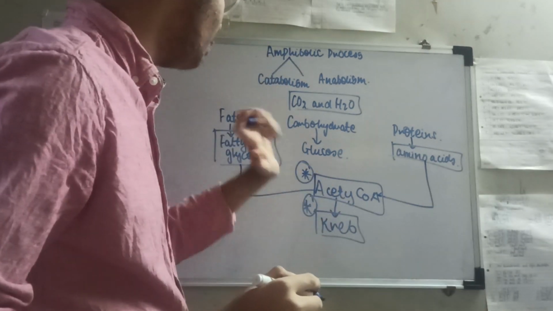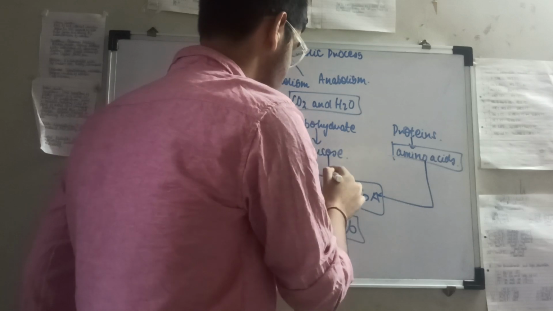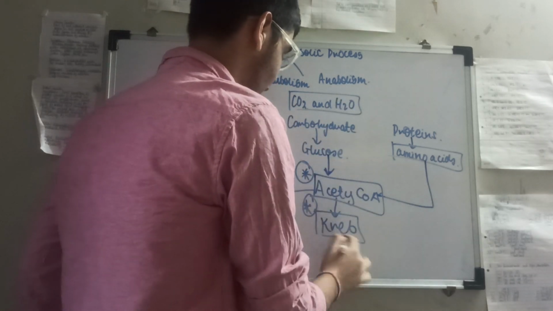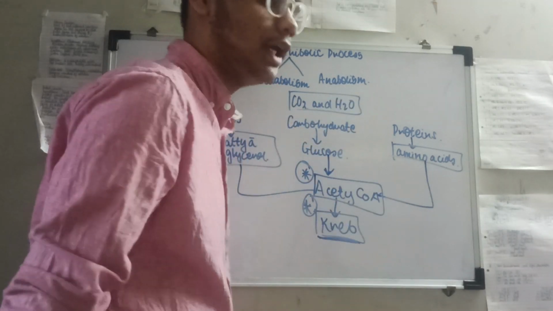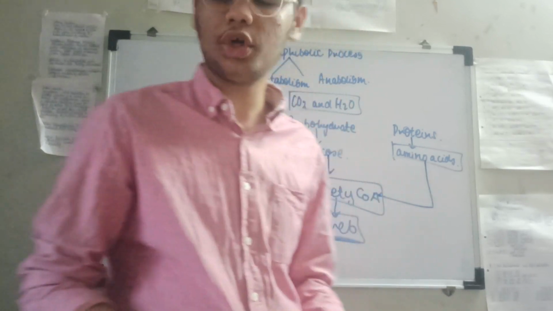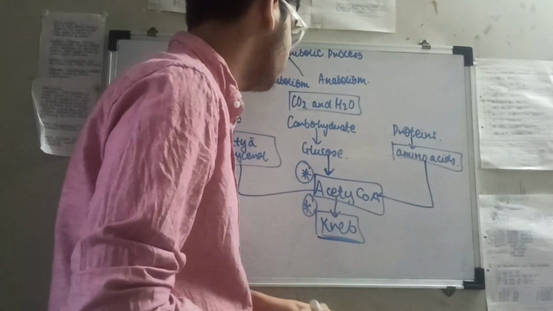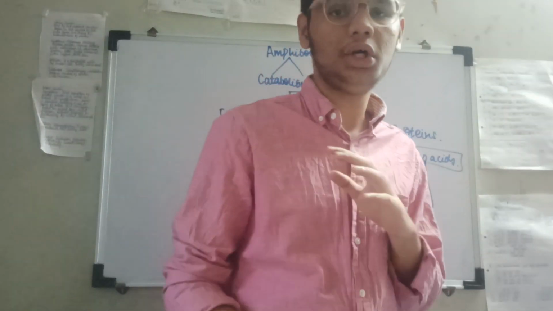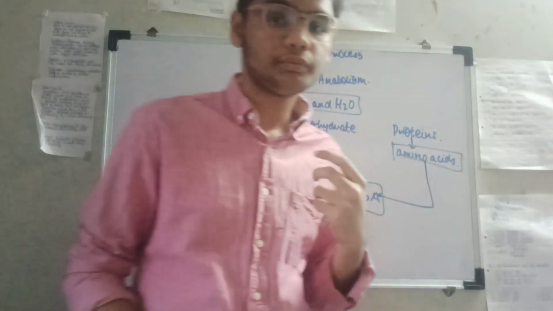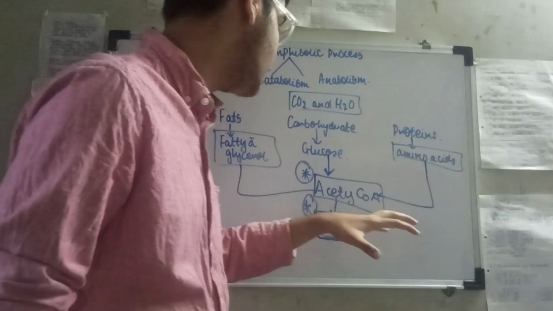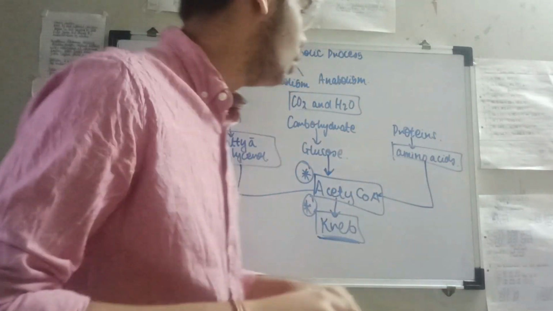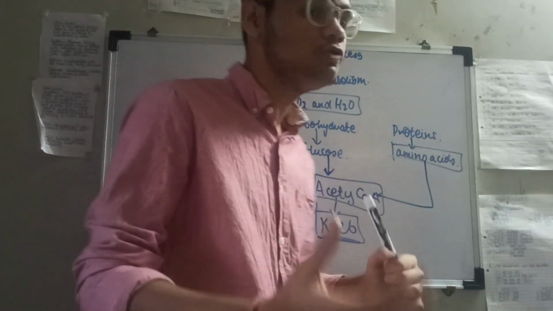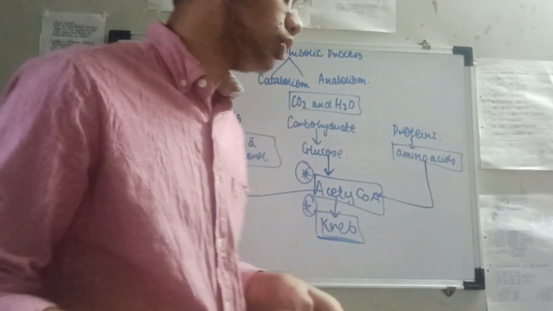So we want to form acetyl CoA from all this, and then that will enter the Krebs cycle and we will get carbon dioxide and water as our products. This NCERT means there could be multiple respiratory substrates present. But how does it prove that it is an anabolic process?